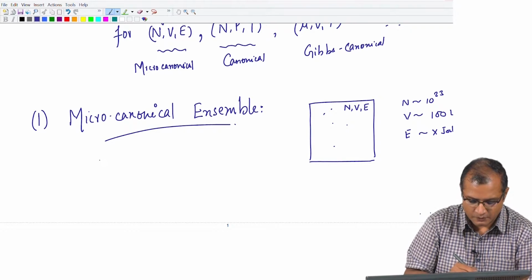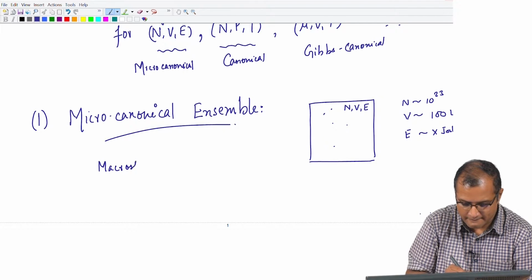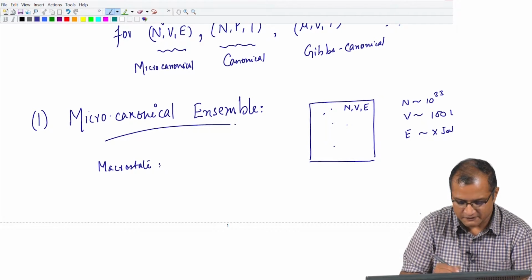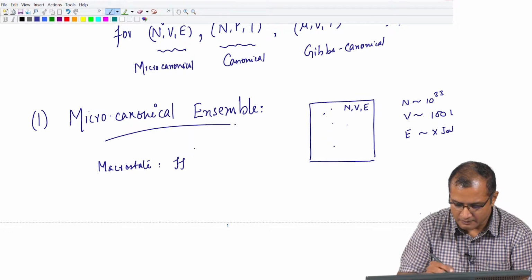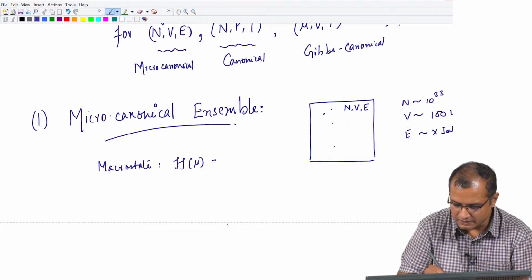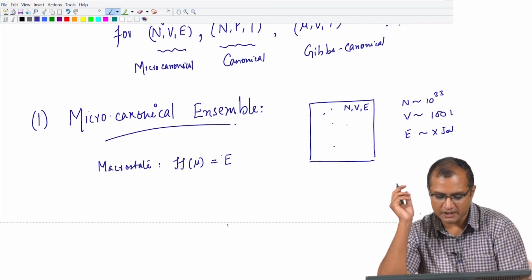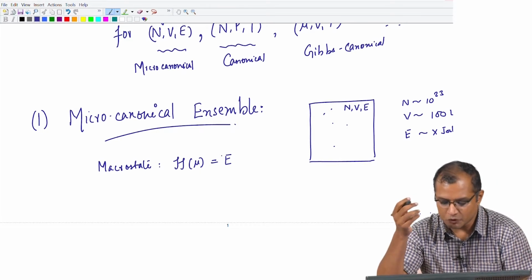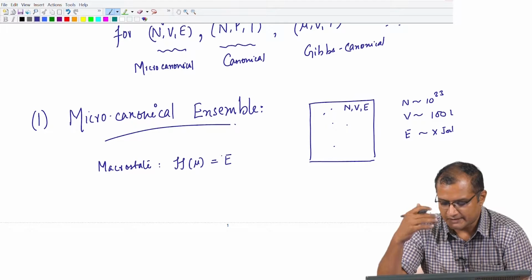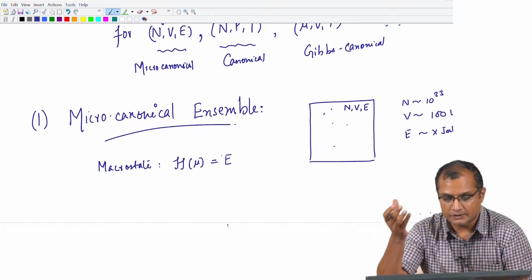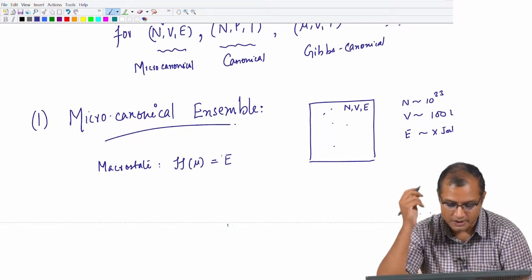This is a system where a macrostate is specified by the condition that any microstate will have a Hamiltonian that is nothing but the E that is specified. You have specified the energy to be E, and the system could be in any microstate. By microstate I mean the exact momentum coordinates and position coordinates of the particles.